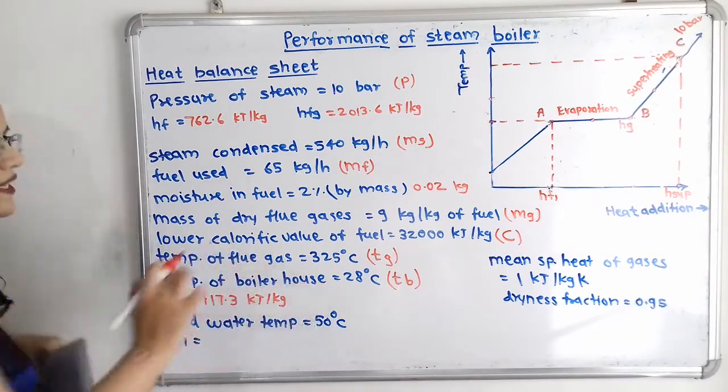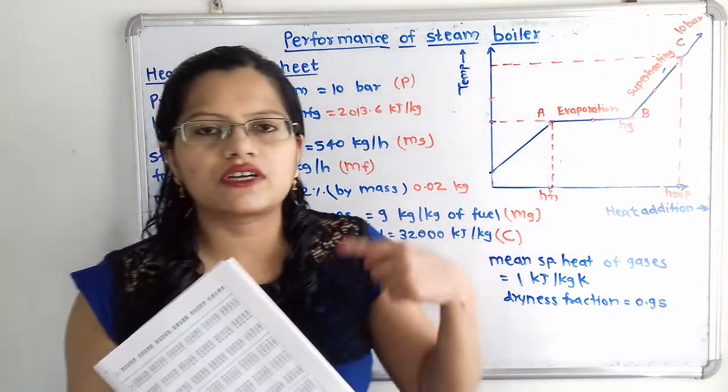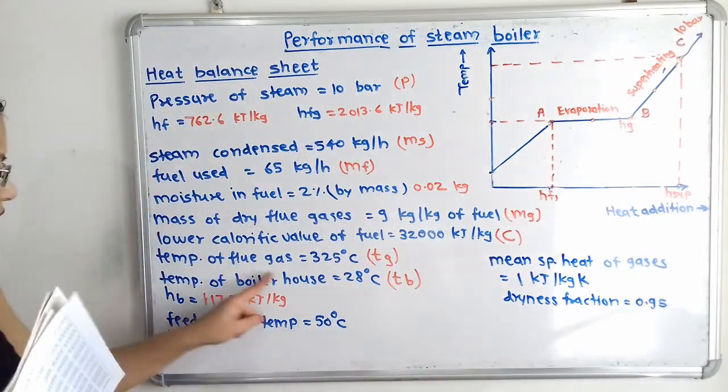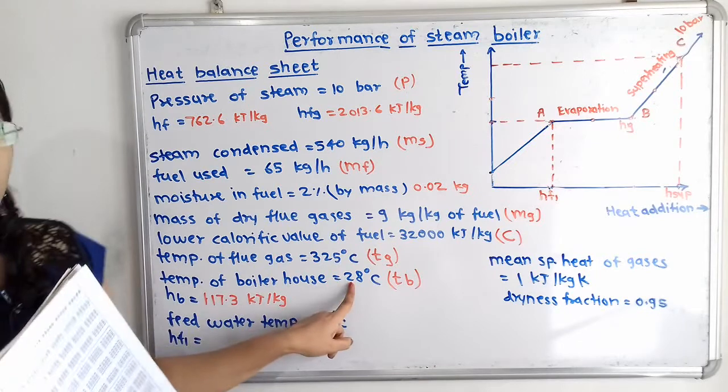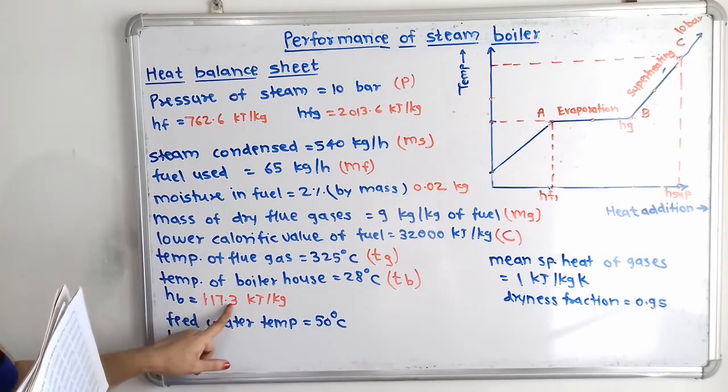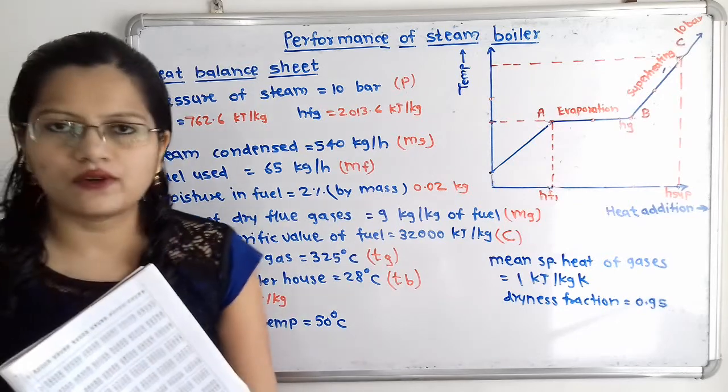So what is happening in the boiler? Feed water is getting converted into dry and saturated steam. Here in the boiler house the temperature is 28 degrees Celsius. So Hb is equal to 117.3 kilojoule per kilogram.